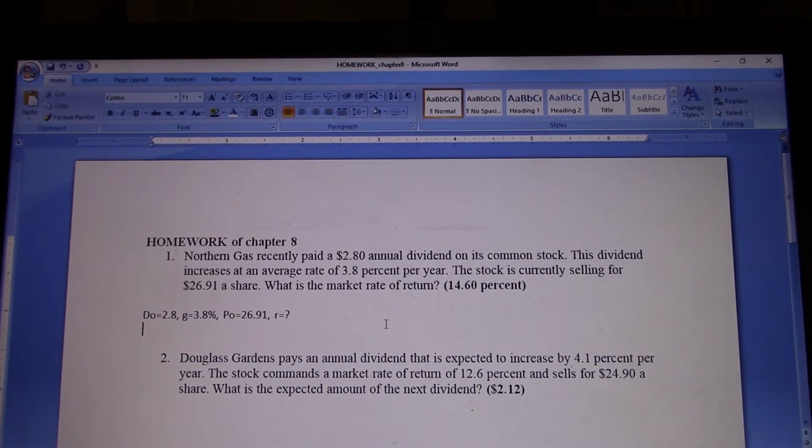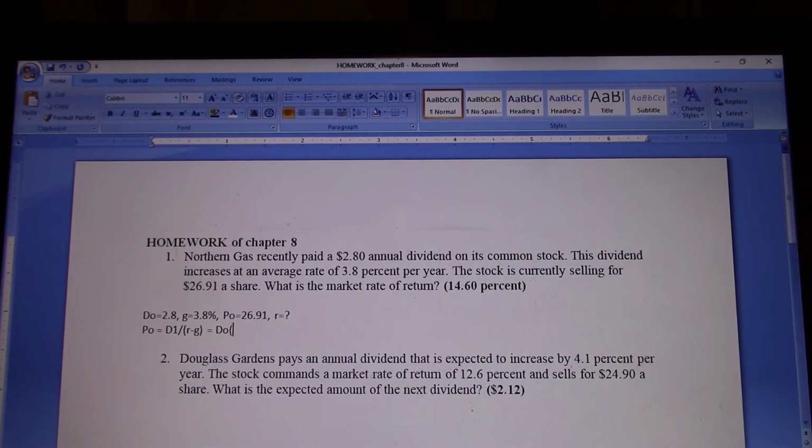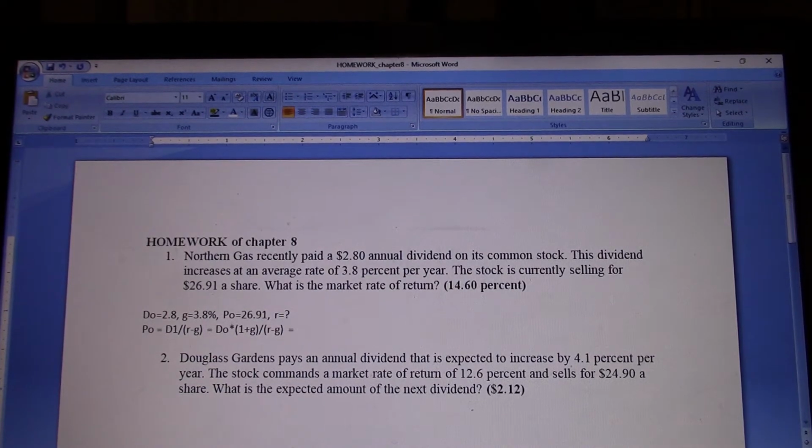Based on the dividend growth model, P0 should equal D1 over R minus G, where D1 is D0 multiplied by 1 plus G. So you can plug in the numbers.